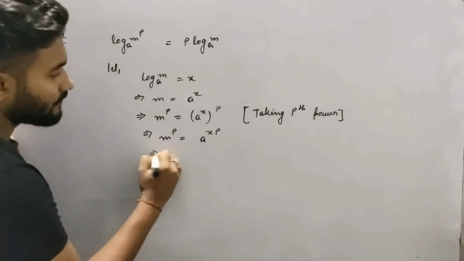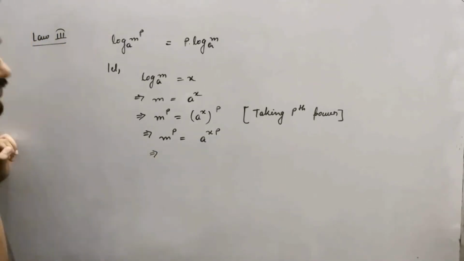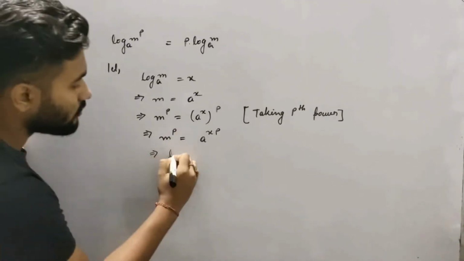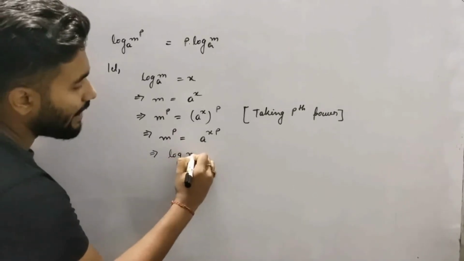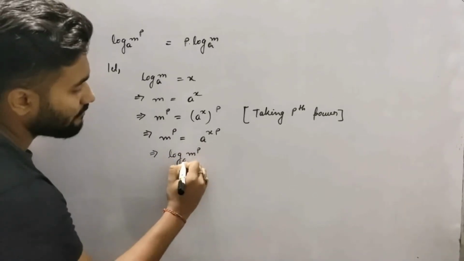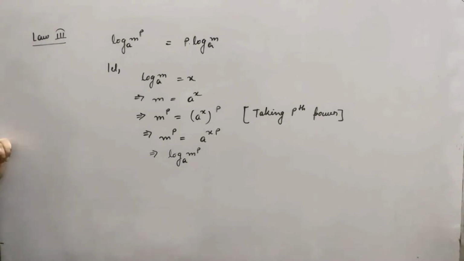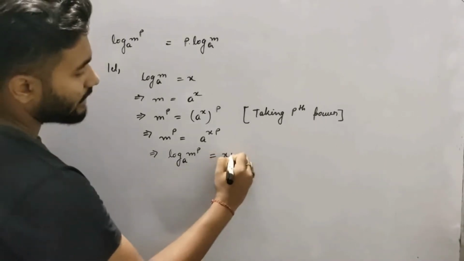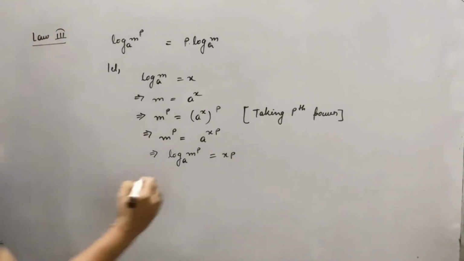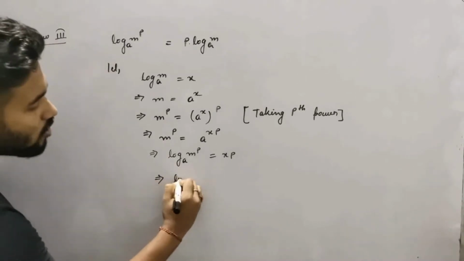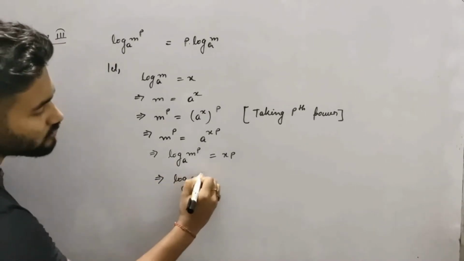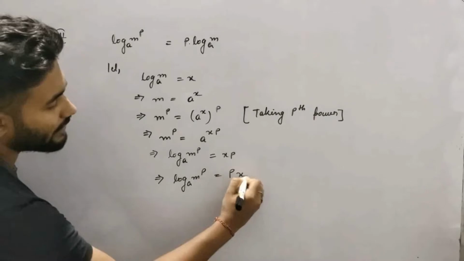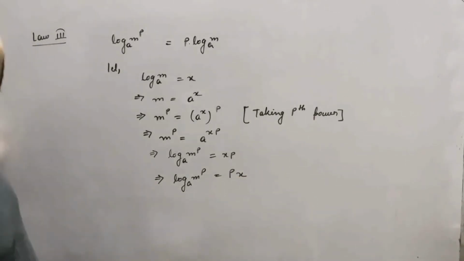Now simple thing, take it to logarithm form. This a you bring inside, it will go to logarithm form. Log m to the power p base a will be equal to x into p, or I can write p into x, by the commutative property of multiplication.